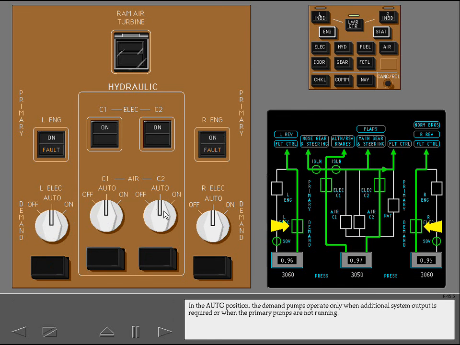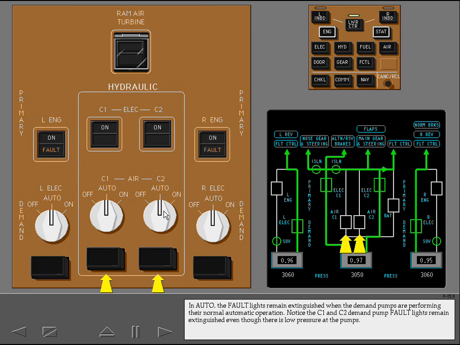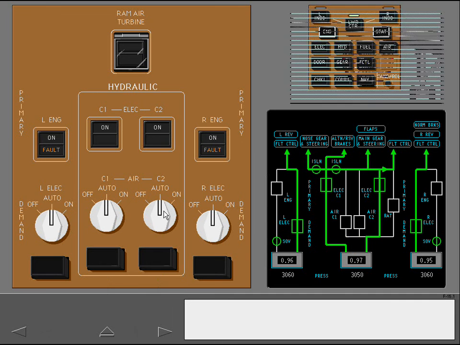In the auto position, the demand pumps operate only when additional system output is required or when the primary pumps are not running. In auto, the fault lights remain extinguished when the demand pumps are performing their normal automatic operation. Notice the C1 and C2 demand pump fault lights remain extinguished even though there is low pressure at the pumps.